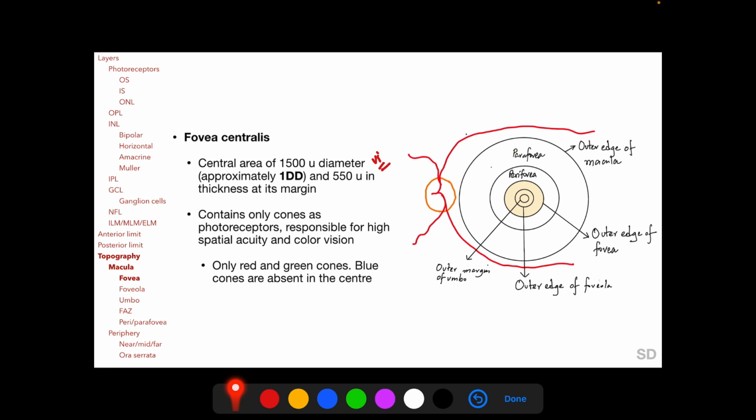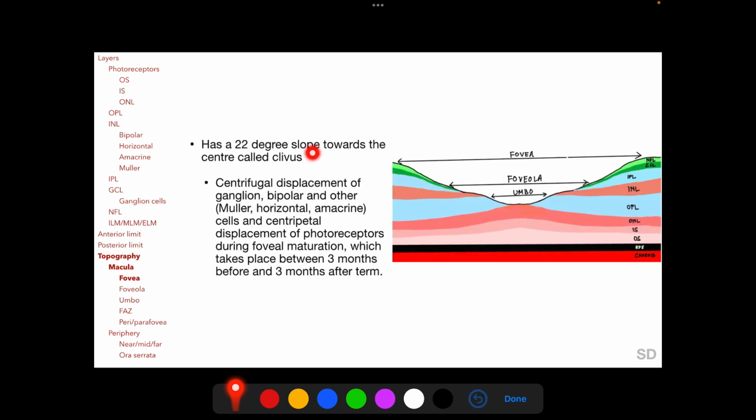The fovea contains only cones as photoreceptors, which is also very important to remember. So the fovea is responsible for high spatial acuity and color vision functions. In the fovea, only red and green cones are present; blue cones are absent. The fovea slopes 22 degrees centrally and towards the retinal pigment epithelium.